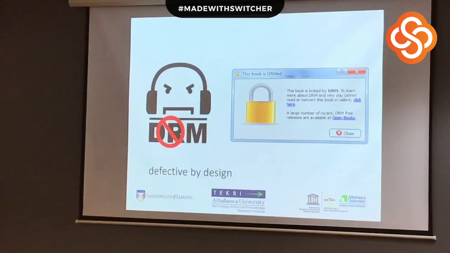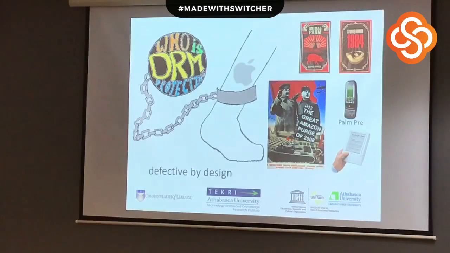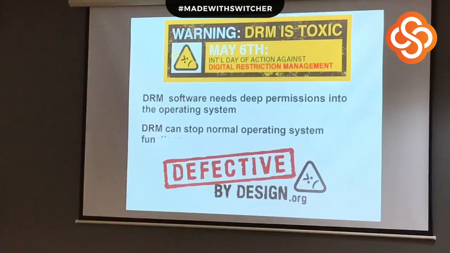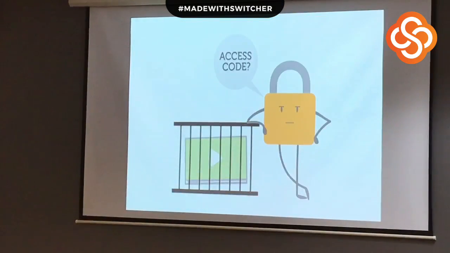These digital locks go into your operating system and prevent you from using your device the way you want to use it. And they've gone in and taken books away from people without further permission. They've just gone in, taken it out. They stop normal operating system functions, and they put defectiveness into your device. They ensure that your device can't be used the way you want to use it.